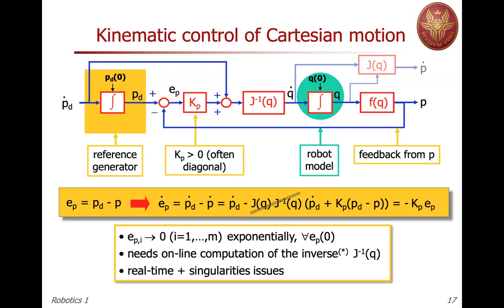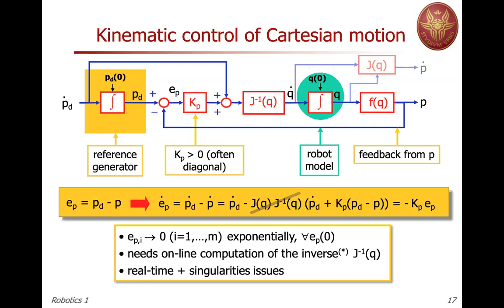And the presence of the feedback, if you go back to the simulation that we have done, comparing J to the minus 1 with J damped square, in the case of a 2R, we've seen that when we're getting close to a singularity, the J to the minus 1 grows to infinity, or to a very large value if we don't set saturation, while the damped square has a very smooth behavior in the joint space, but it introduced some error, and this error is exactly the one that is being recovered by this feedback law.